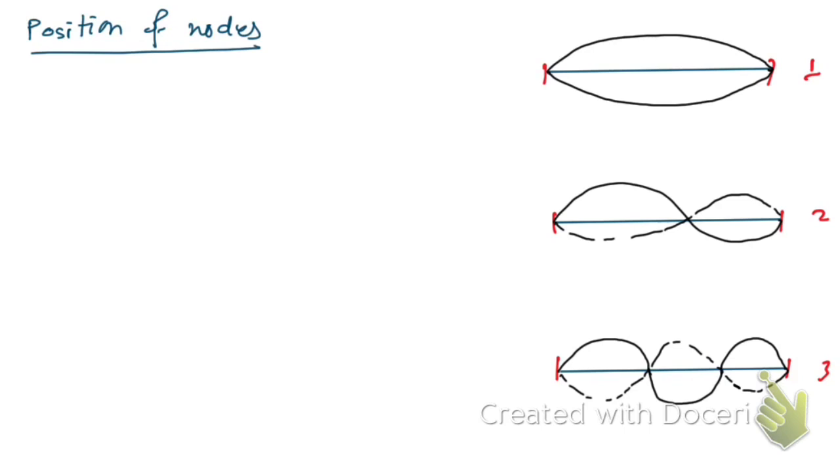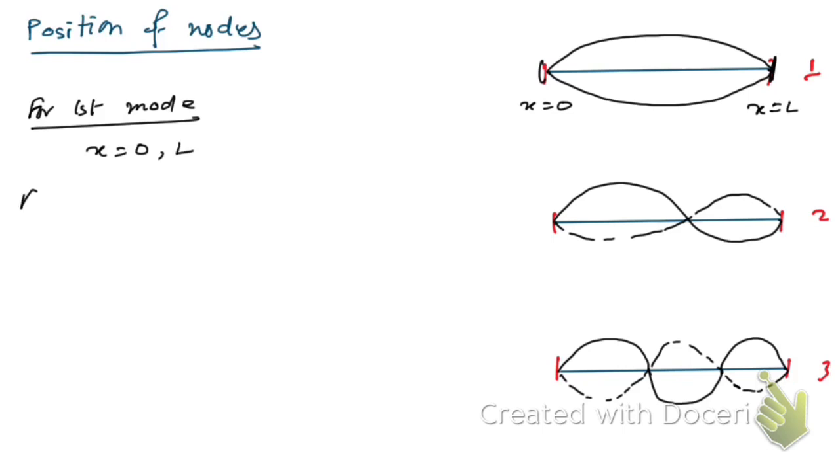For the first mode, the positions of nodes are x is equal to 0 and x is equal to L. Here we are getting 2 nodes, this one and this one. These two are the positions.